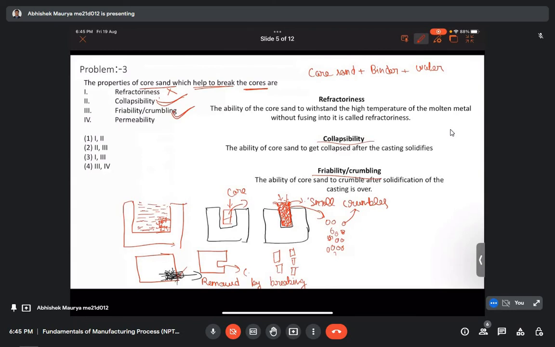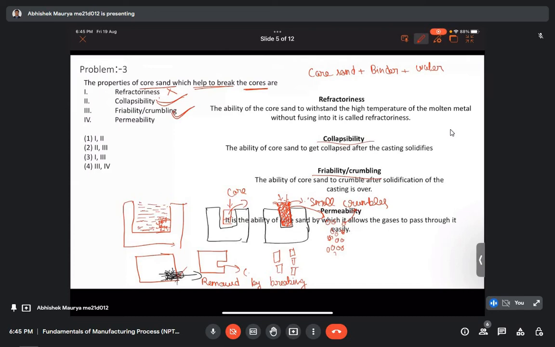Permeability is the ability of the core sand which allows the gases to pass through it. Yes, it is a desirable property of the core, but with respect to the breaking of the core, it is not a correct option.